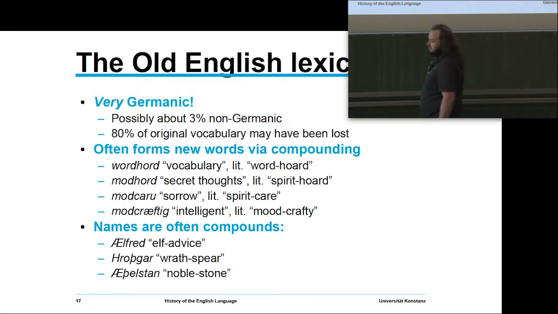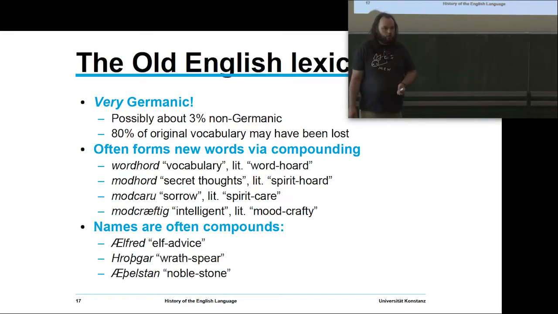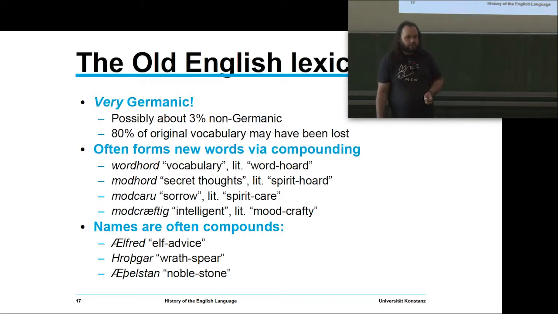It's been estimated that the non-Germanic component of Old English is only about 3%. That's very striking when you compare it to some of the estimates that we saw in the first lecture for modern English, where if you take the whole of the present-day English vocabulary, the majority of it is non-Germanic.